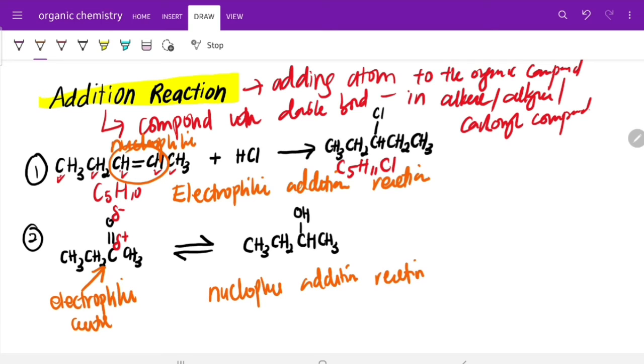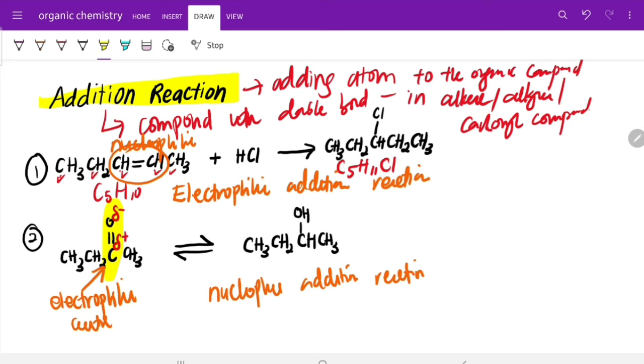How to be sure this is an addition reaction? As you can see in this reaction, we have C double bond O, but in the final product the double bond is breaking. How to be sure that this is an addition reaction at the carbonyl compound?